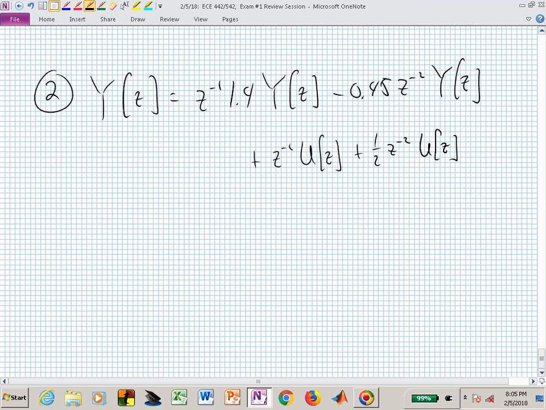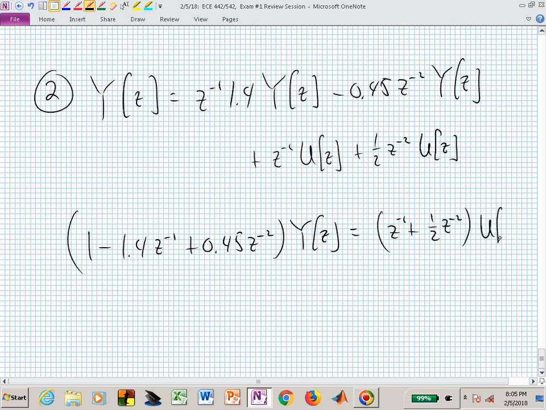We can now factor all of these common terms out, and we have 1 minus 1.4 z to the minus 1 plus 0.45 z to the minus 2, equaling z plus z to the minus 1 plus 1/2 z to the minus 2, u of z.